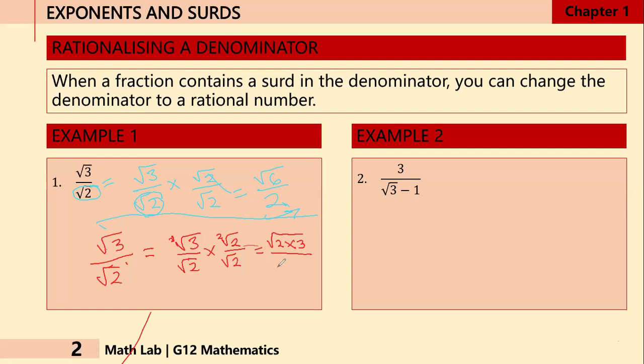That gives us root 6 over root 4. Remember root 4 is a perfect square. So what is the square root of 4? Square root of 4 is the same as 2. So our answer is going to be root 6 over 2.